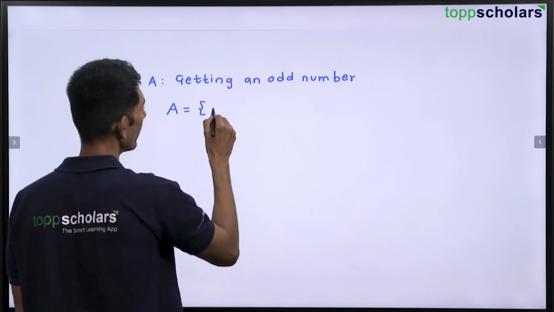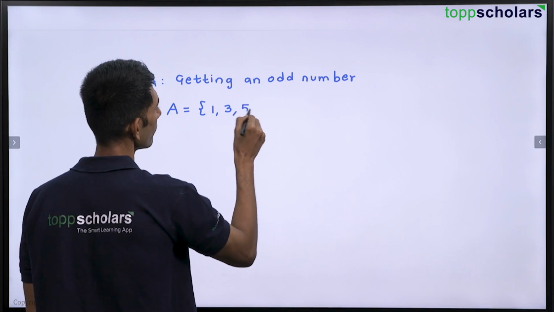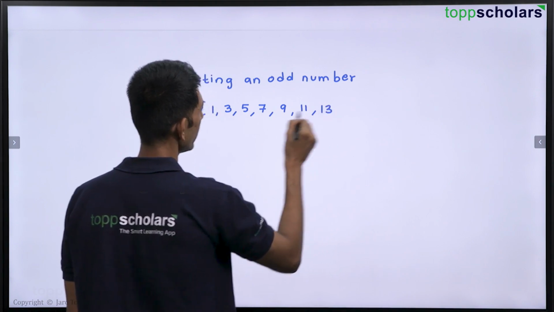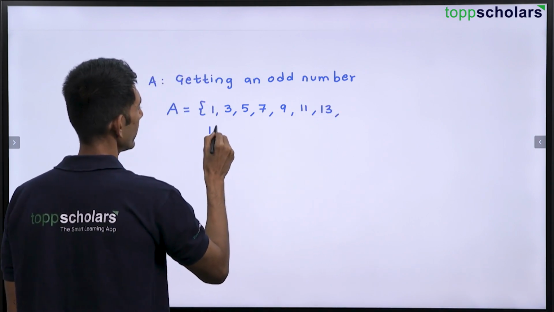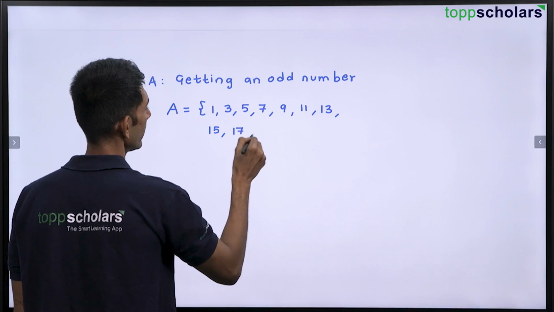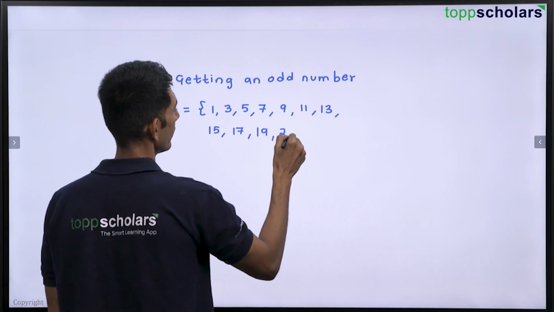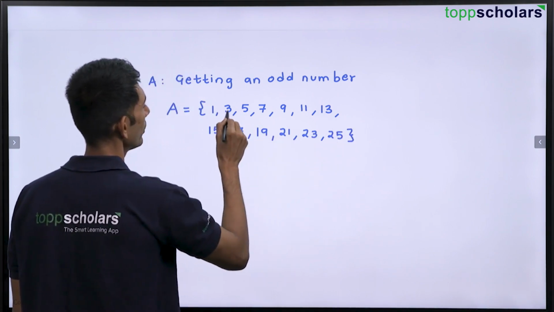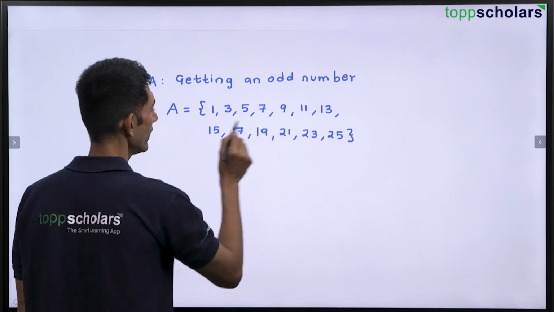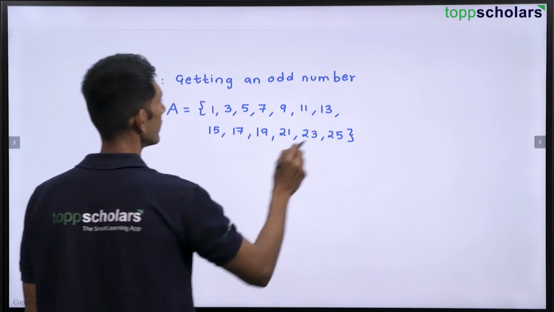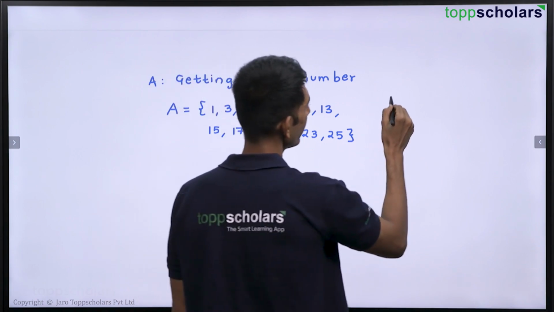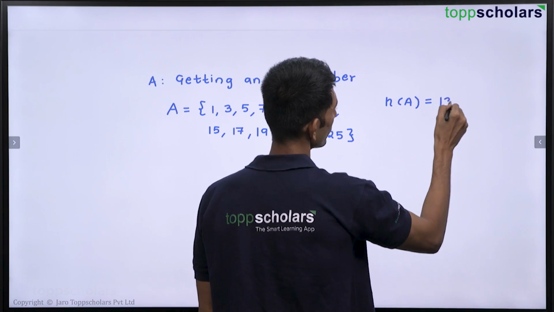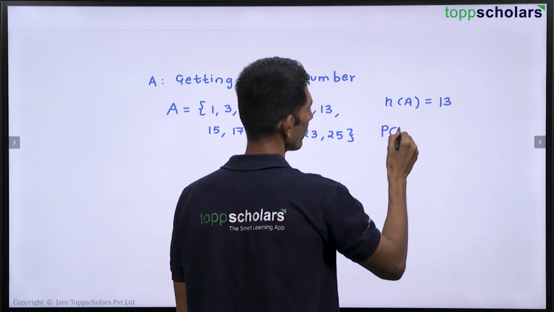So can I say I'll have 1, 3, 5, 7, 9, 11, 13, then I have 15, 17, 19, 21, 23, 25, right? So 1, 2, 3, 4, 5, 6, 7, 8, 9, 10, 11, 12, 13, isn't it? So can I say in event A, that is n of A, is equal to 13.